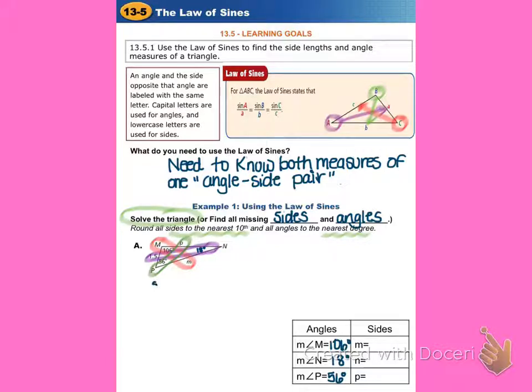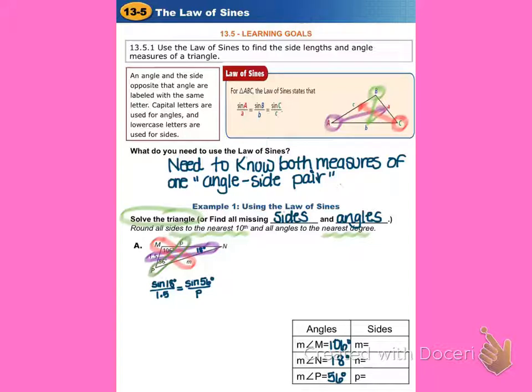So I could say the sine of 18 degrees over 1.5 must equal the sine of, let's say I wanted to find side P first, so I'd say the sine of 56 degrees over P. Now I could have started finding M first, but I chose to find P first. And again, just one thing I said before, this is how we know we could use law of sines, is that we had that angle side pair.